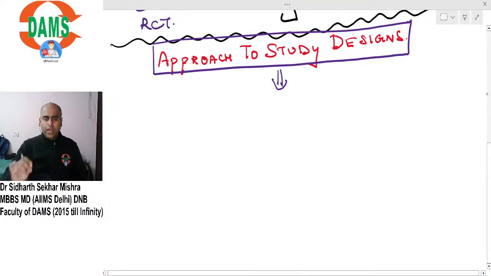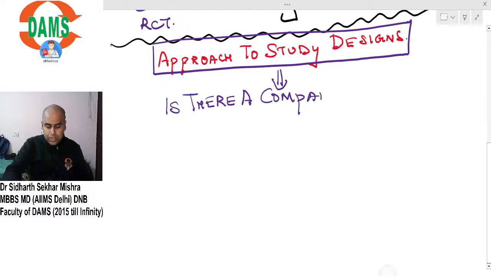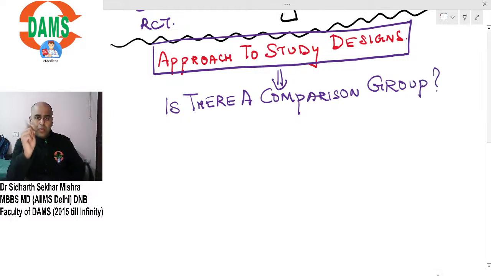Now, if you get a question on study design, the first question which you have to ask is: is there a comparison group? This is the very first question you need to ask. Now, what does a comparison group mean? Suppose they are saying a study is being done in Gujarat. You have to see whether they have given a comparison group from Kerala, Jammu Kashmir, Bihar.